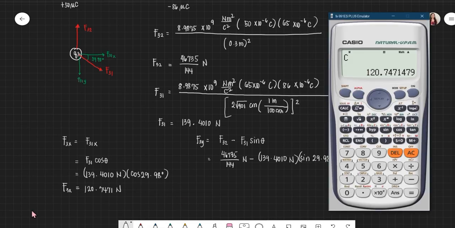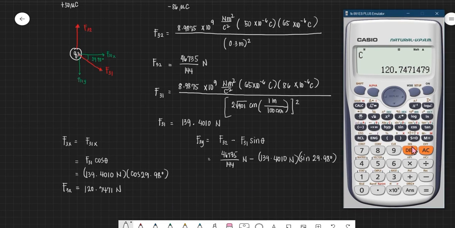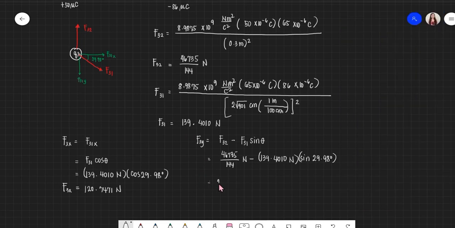So in the calculator, that's 46735 over 144 minus recall B, sine recall A. That's 254.8868 newtons. That is F3y.